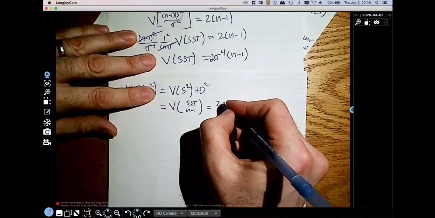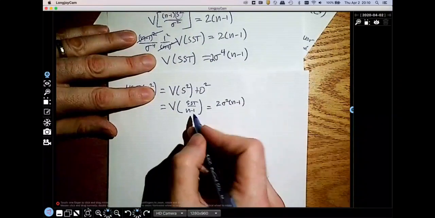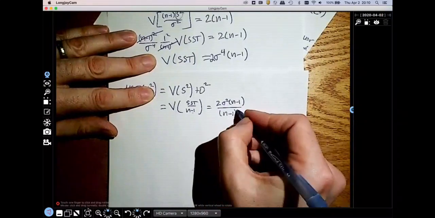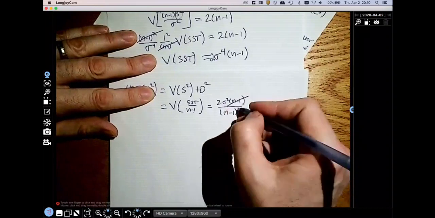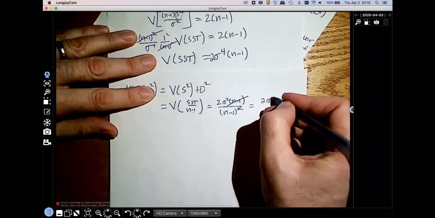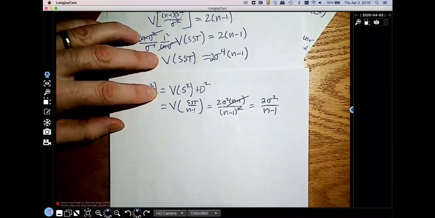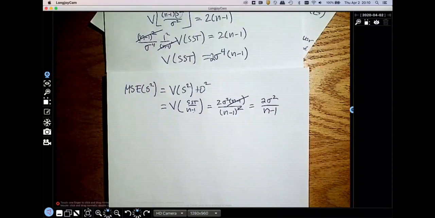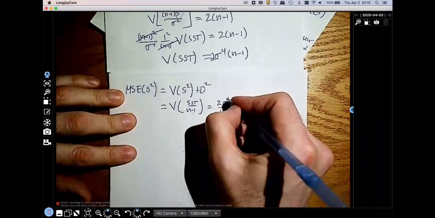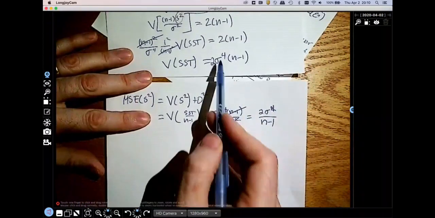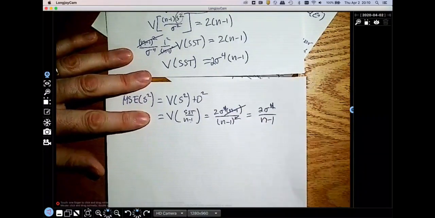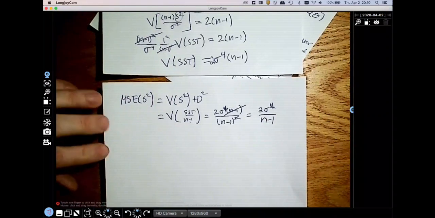It's going to be 2 sigma to the 4th times n minus 1. I'm going to pull this out, divide by n minus 1 squared. So one of these crosses out with the exponent, and we're left with 2 sigma to the 4th all over n minus 1. Oops, I copied that wrong, it's sigma to the 4th. So we have our mean squared error for that one.